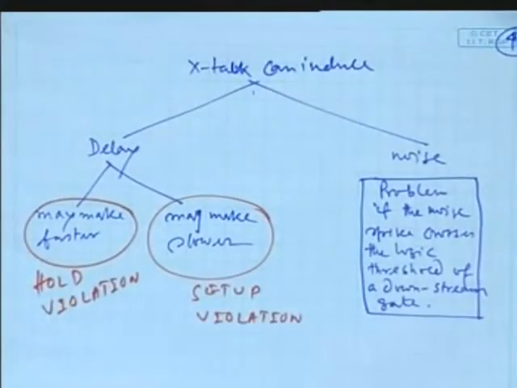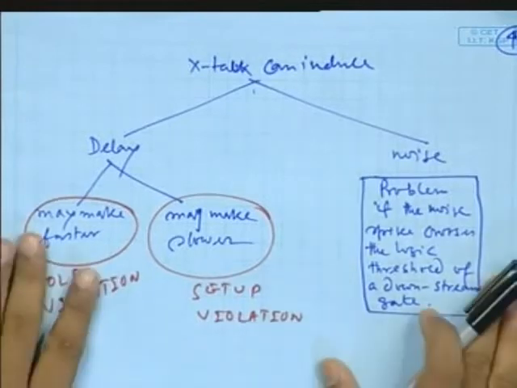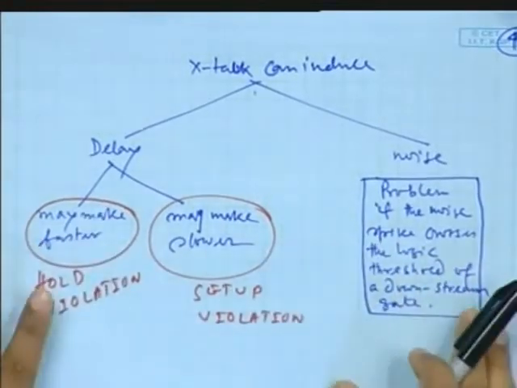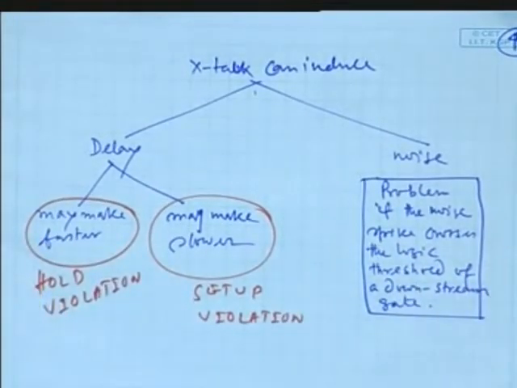As I said, crosstalk can induce delay as well as noise. This is just a one-slide summary for you to understand. If the noise is a problem, it is if the noise spike crosses the logic threshold of a downstream gate, otherwise noise doesn't make any difference.